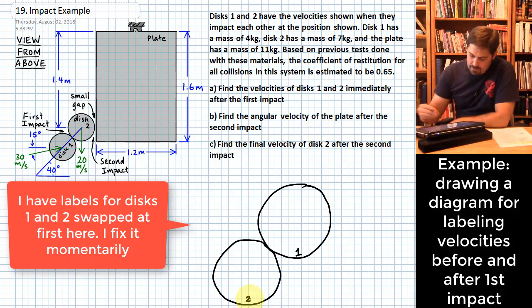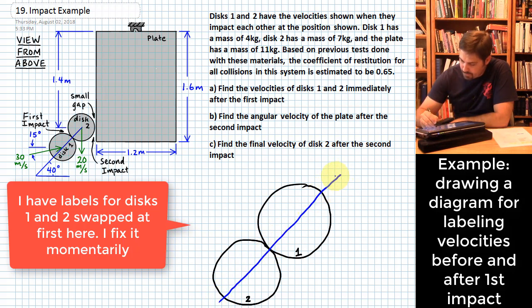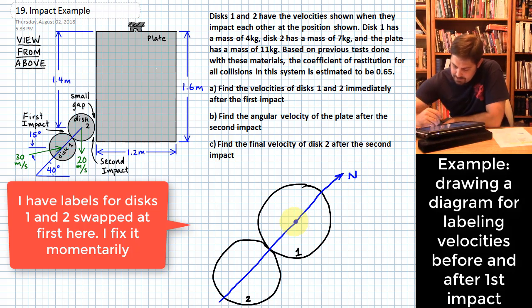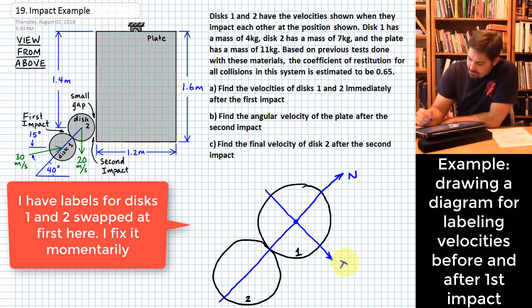All right, and one of the fortunate things is that we are given what this line of impact is. Okay, so I'm going to put that in there like that and actually label it with an N, meaning that's kind of our normal direction. Okay, and then let me actually do this for each of these bodies. I'm going to show another axis that is the tangential axis.